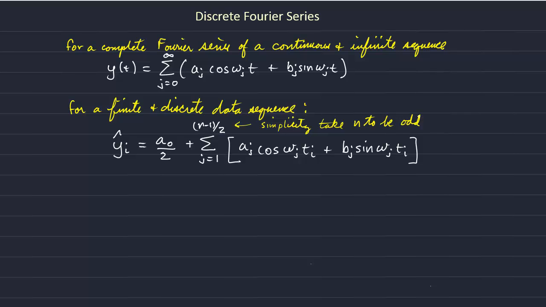If by chance you get a record in which n is even, it's easy enough just to remove the last record. So you can sacrifice one measurement for simplicity to make n odd. So if you subtract 1 from an odd number and divide by 2, you get an even integer, of course.